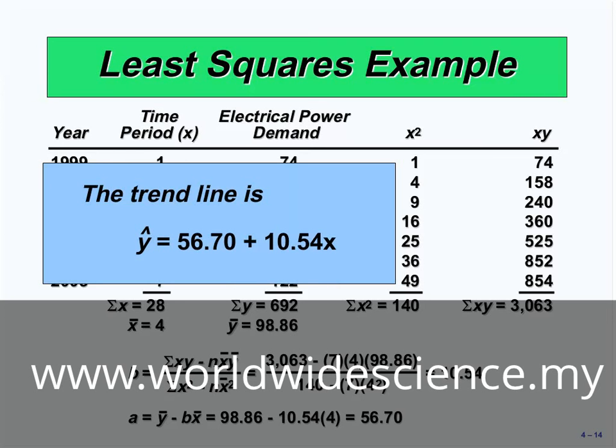Y equals 56.7, that is A, plus Bx. B is 10.54 multiplied by X. This is a linear equation for forecasting electrical power demand.